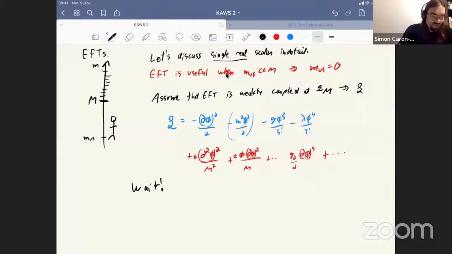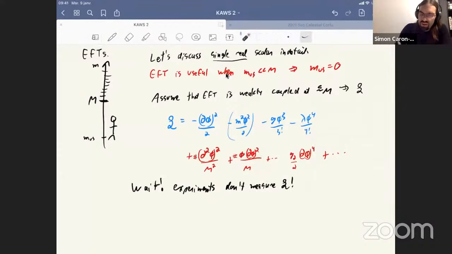In physics, experiments don't measure Lagrangians. And in fact, when you write down this expansion, you may have some physical picture of what this field is. You know, in quantum field theory, we start with the bed-spring model and so on.